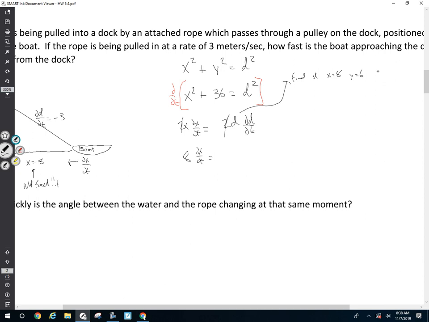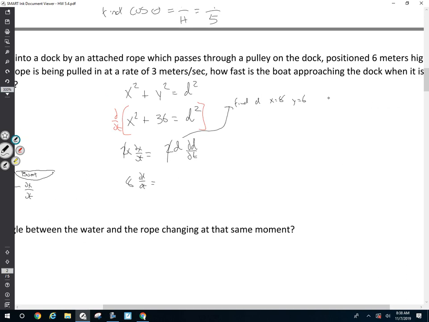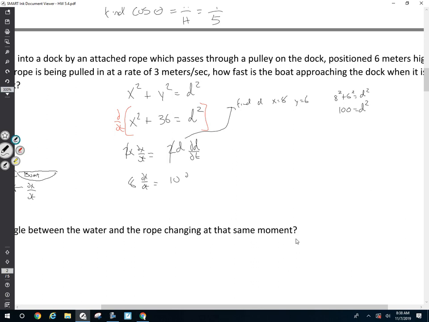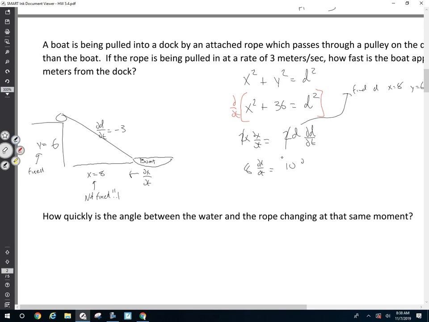Well, you find it's a 6, 8, 10 triangle. 8 squared plus 6 squared equals d squared. 64 plus 36 is 100. d is 10. dd/dt is -3. Get -30 over 8.